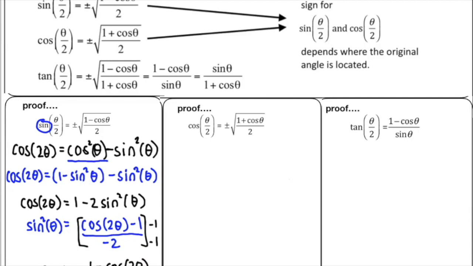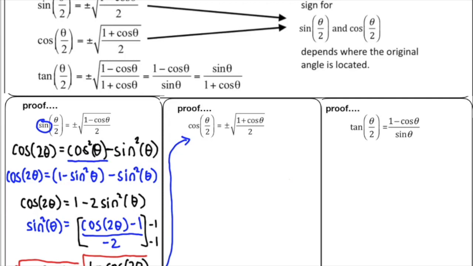I'm going to have to infiltrate into the next column here. Hopefully you can fit it better than I can, because I have to write large. What I'm going to do is take the square root of both sides to get rid of that square. And remember, when we take the square root of both sides, we have to do a plus or minus when undoing a square like that on the right hand side.